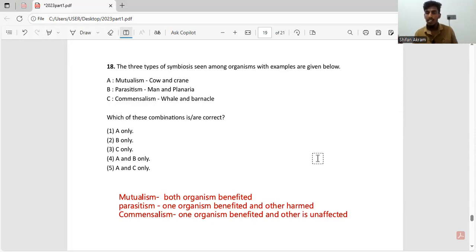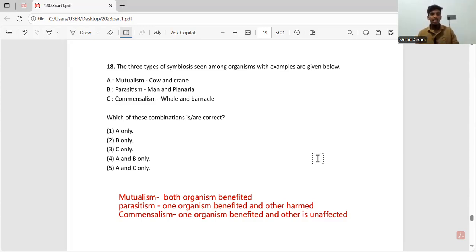A crane is a bird that usually eats insects on grasses. Cows are also present in grasses; they eat grass, but cranes don't. When a cow is eating grass, it stirs up the grass, moving here and there. This causes the insects in the grass to fly up. When the insects fly up, the cranes notice them and go and eat them.